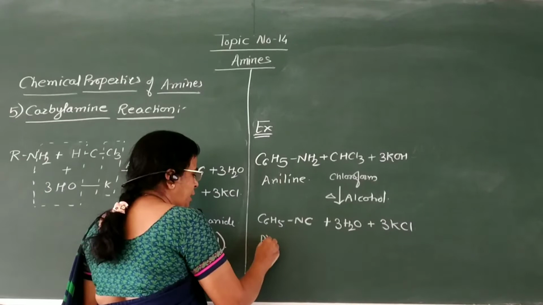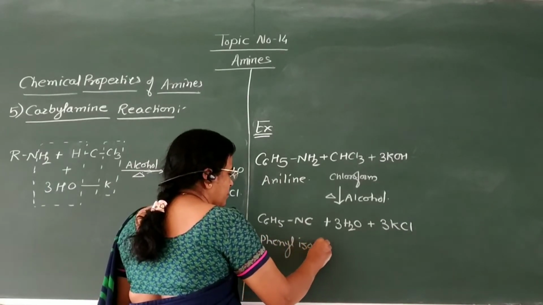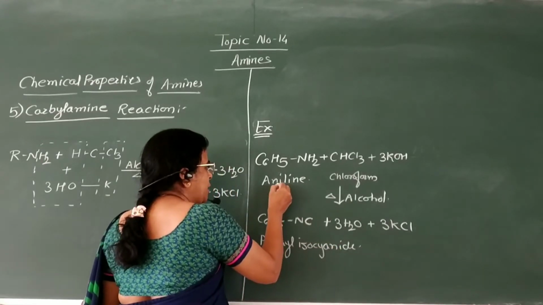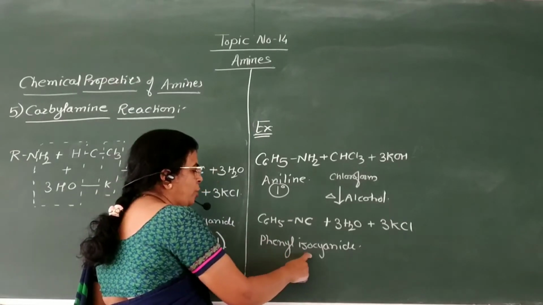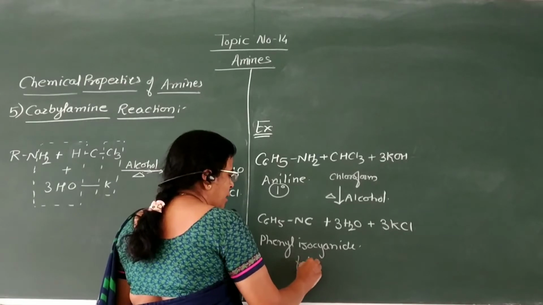This is phenyl isocyanide. Aniline is also a primary amine. Therefore, it undergoes this carbylamine test to give phenyl isocyanide having foul smell.